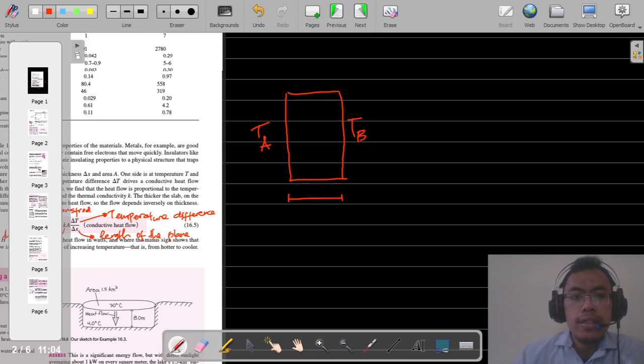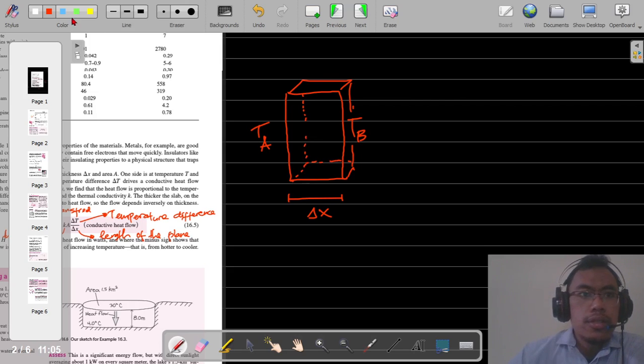This is the length, or the thickness of the material, let's say delta X, and this is the area.